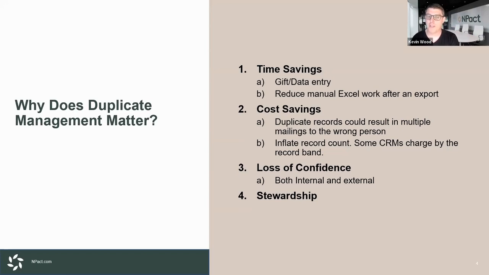We do all this work to build up our confidence in the data that we're sharing internally. And we send off a mailing list to our boss or our development director, and they look at it and see 5 Kevin Woods in the list. It really does knock confidence. And externally, when we talk about stewardship, if one of our VIP donors gets the same magazine 3 times because they hit the list 3 different ways, it really does affect their relationship with your organization. Absolutely.